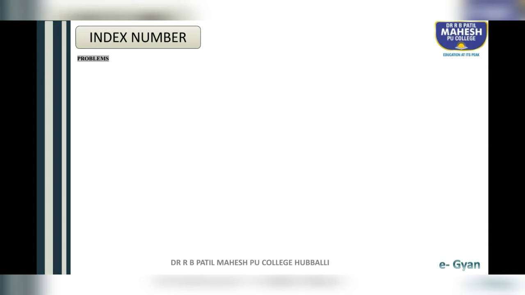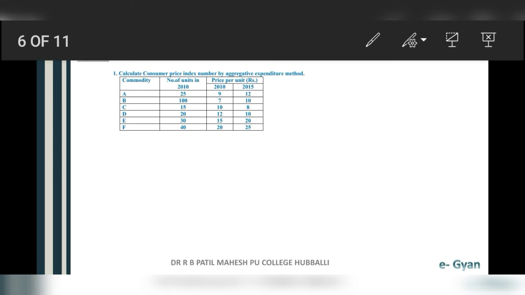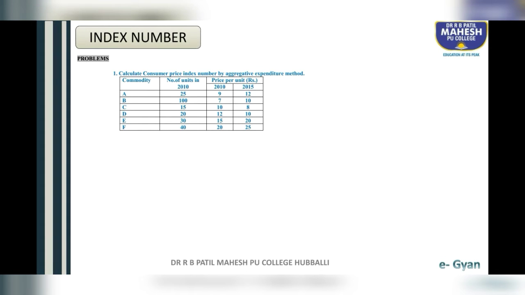So let us take the first example. Calculate consumer price index number by aggregative expenditure method. In the first column, commodity is given. Second column, number of units in 2010, price of 2010 and 2015.